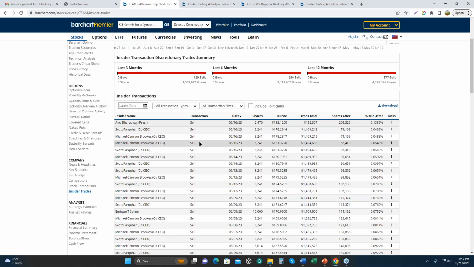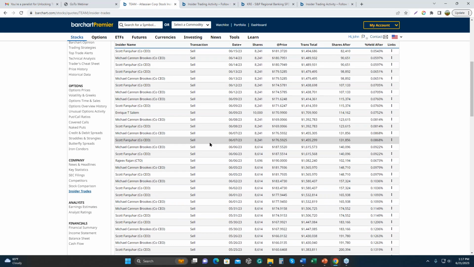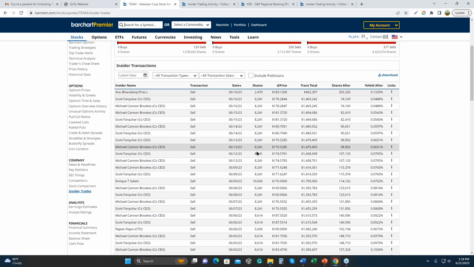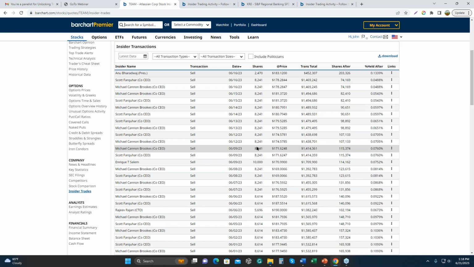Now, if I look at the actual trades broken down, what I find curious here is that there has been a lot of active trading, but the size of the shares that are being sold looks like a very consistent number.